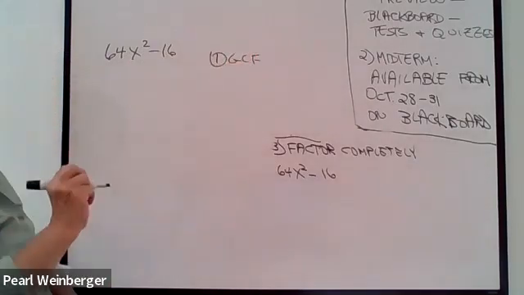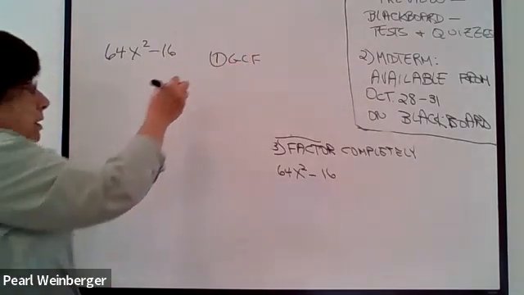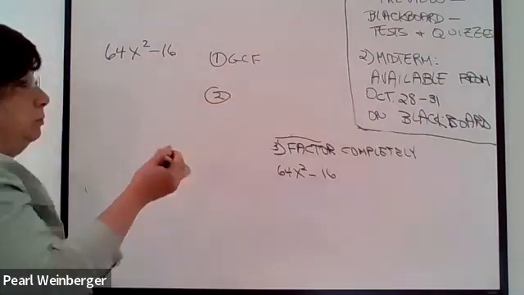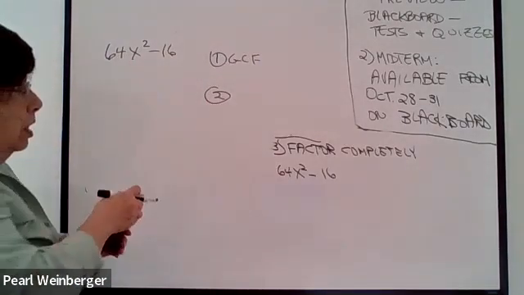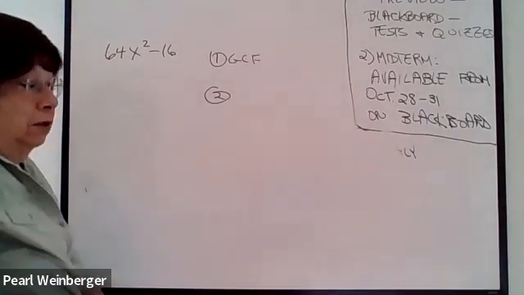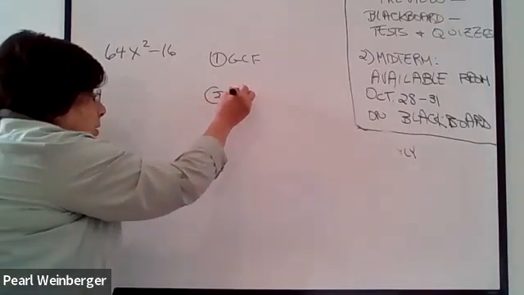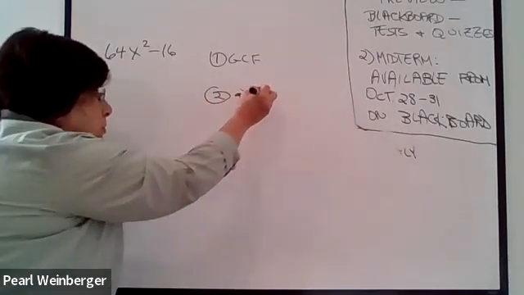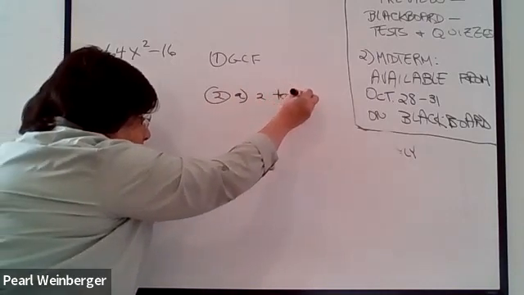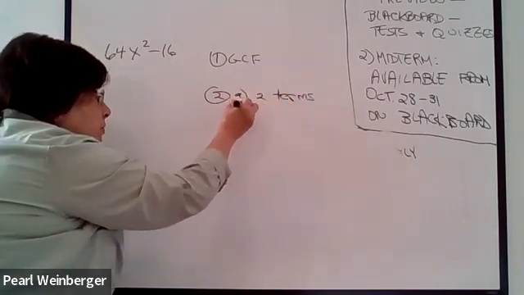That's always step number one. Step number two depends on how many terms you're left with. If you have two terms, you look for the difference of squares.